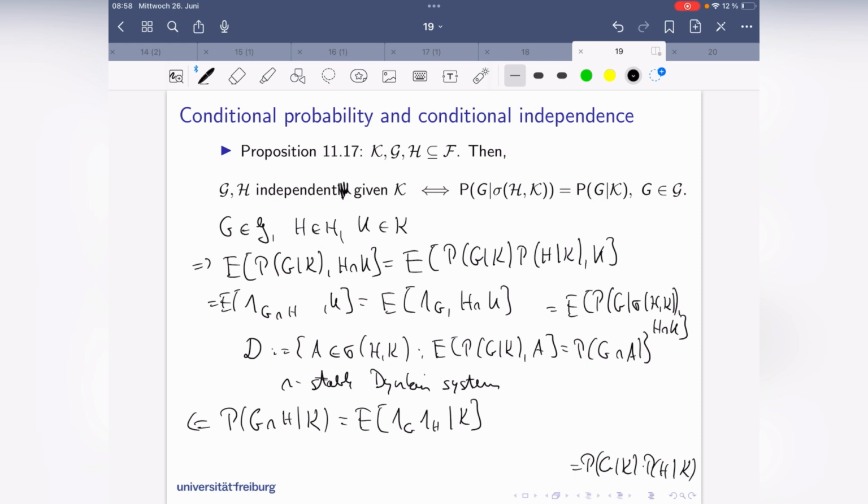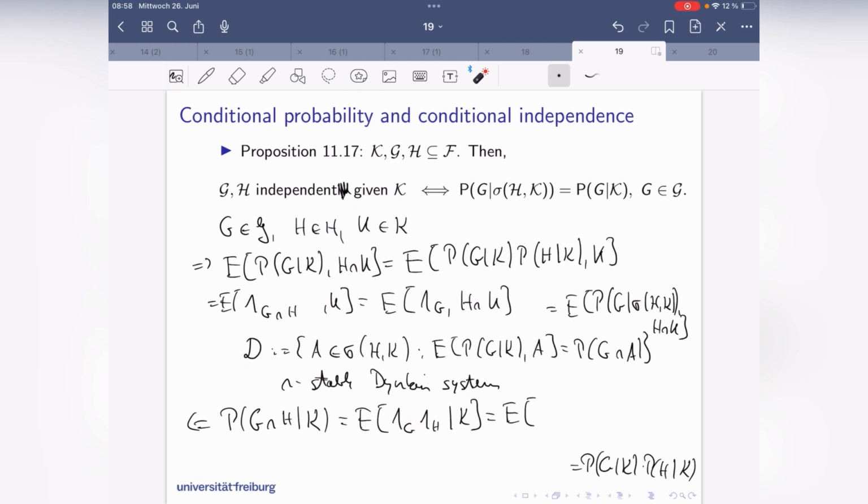Then I can use a condition here. Expectation of, well, I want to condition on the sigma algebra which is generated by H and K, and I'm using this here.